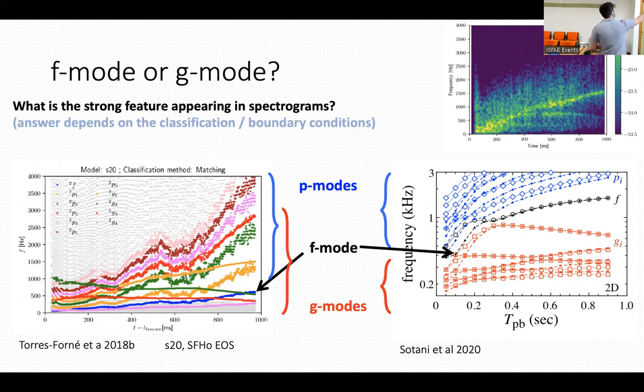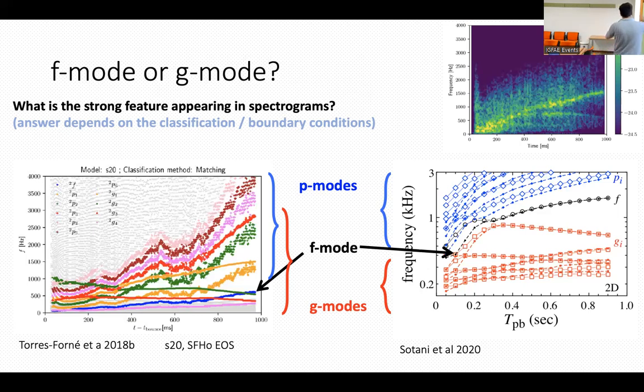We know that this is a G mode because it corresponds to the surface and traces with the corresponding frequency. But Sotani calls the G mode just the one with this strong emission, and we call F mode the first of the lower-frequency P modes, depending on the simulation and what definition you use. But essentially, it's just a label problem.